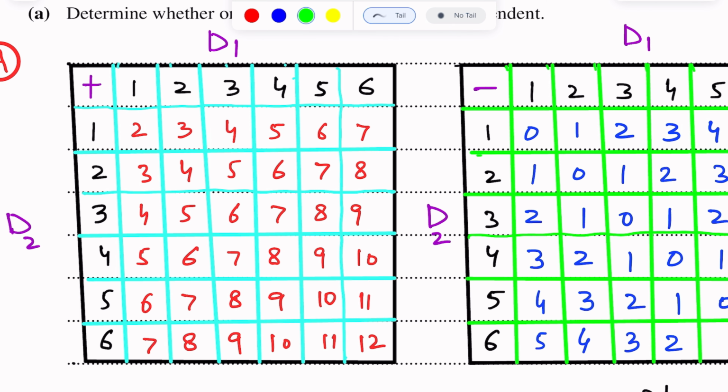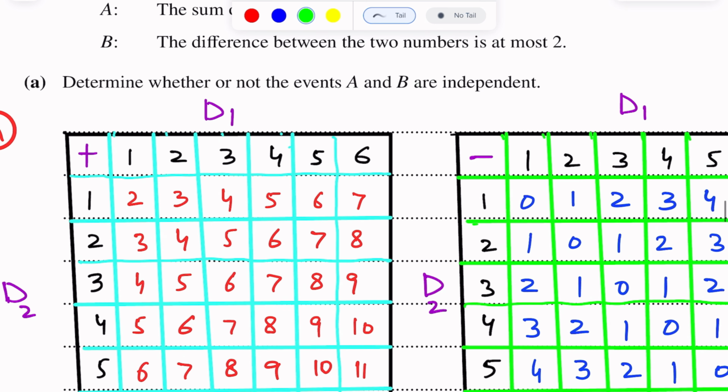So these are sum greater than or equal to 6 and difference less than or equal to 2. So these are the numbers.